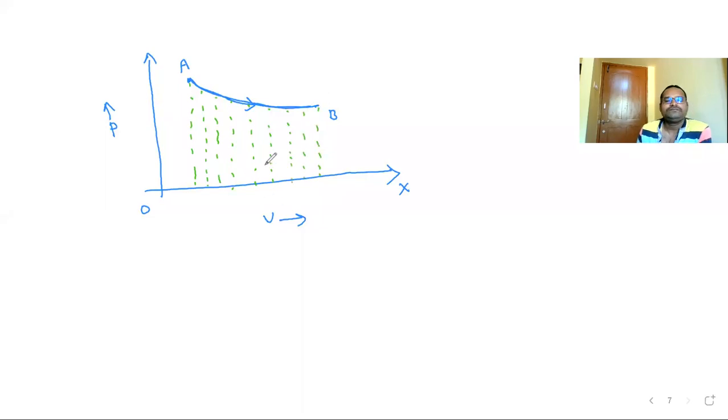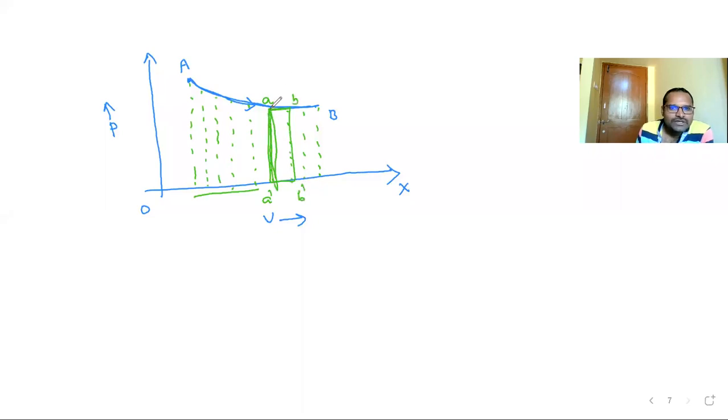Now let us take one strip at any volume. I am taking this strip. Let us name it A dash, B dash, B. This is one strip.